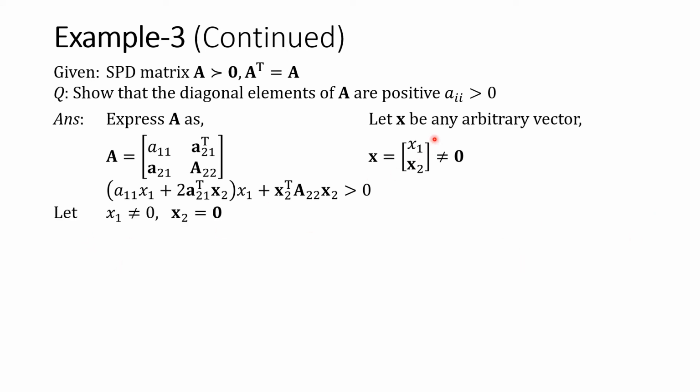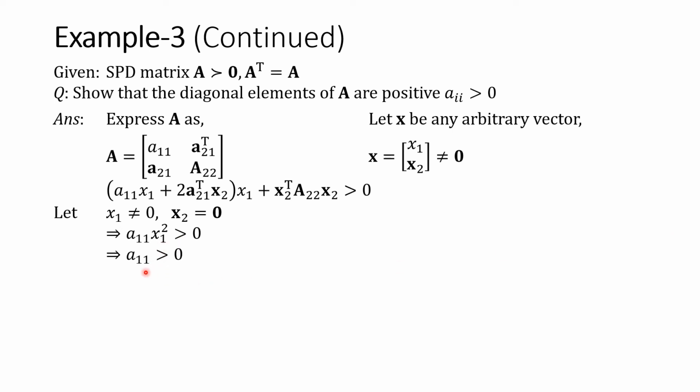Now, we have to show that a_ii is greater than 0. Let x1 be not equal to 0 and x2 be equal to 0. So in that case, since x2 equals 0, this expression simplifies to A11 x1 squared is greater than 0.